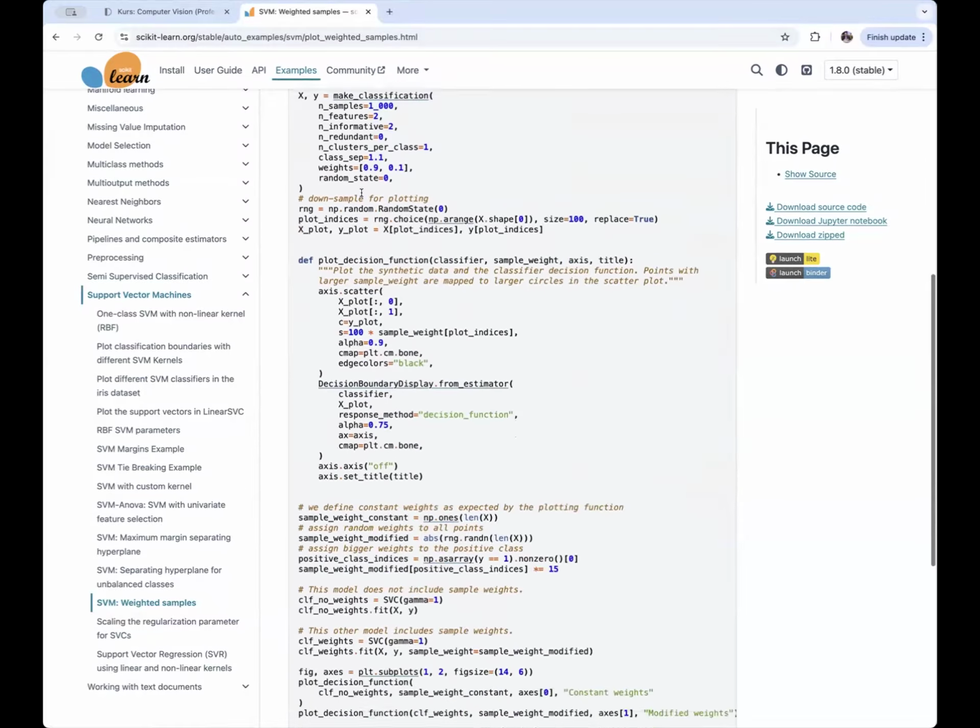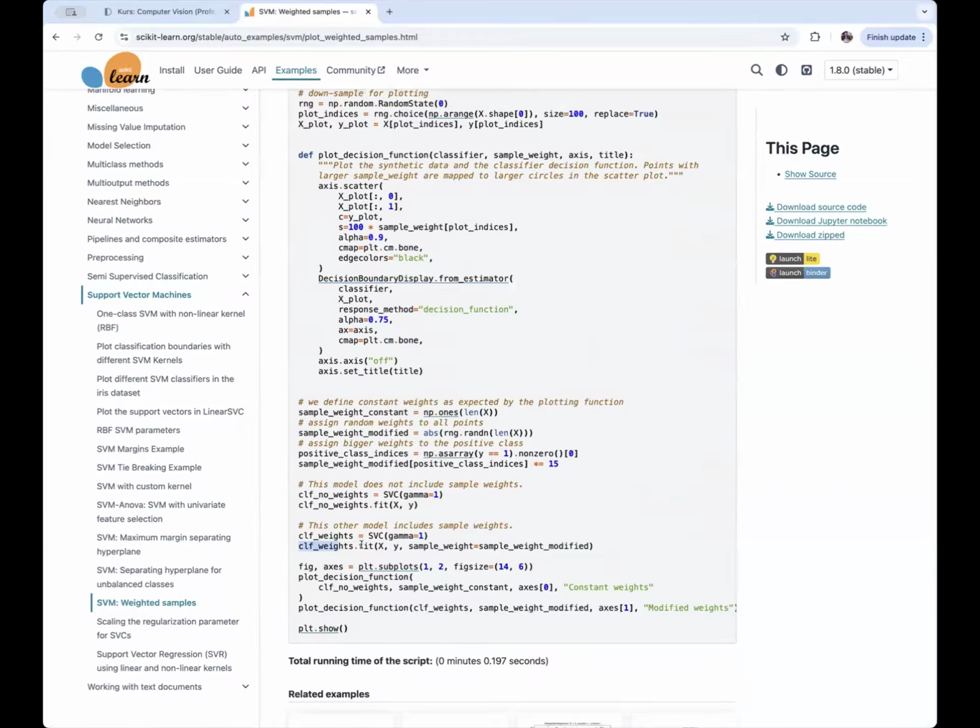What you see down here is that when you fit the model, you can pass not just your X and y, so your input data and your labels, but X would typically be a matrix because you have rows of examples, each with multiple entries, and y is a vector of all the labels.